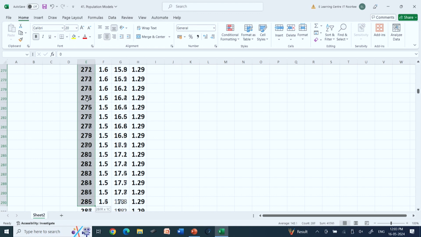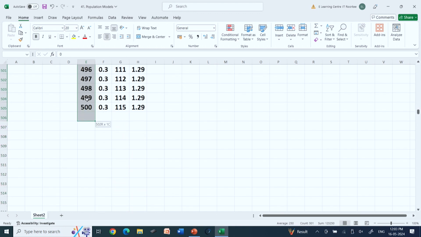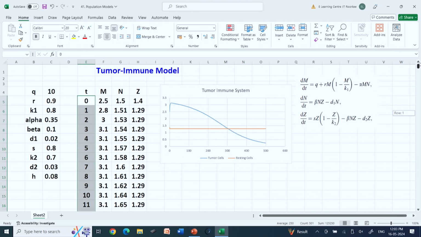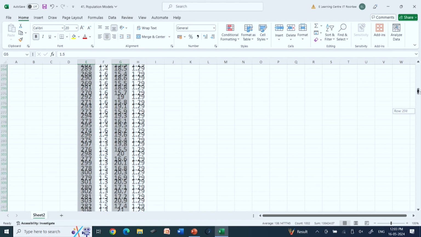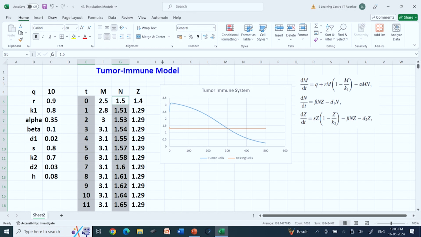The reason we are doing the hunting cell separately is that you will see that the growth of the hunting cell is quite large, and if we put them in the same graph, the dynamics of the other two graphs is lost. So, that is the reason why we are choosing the hunting cell separately.